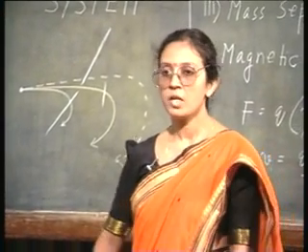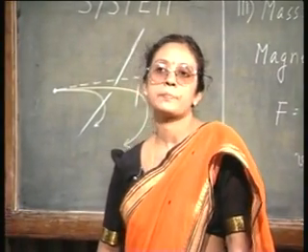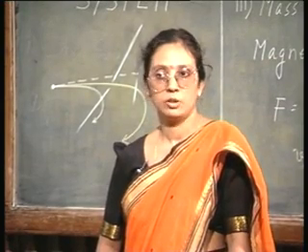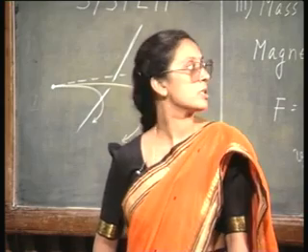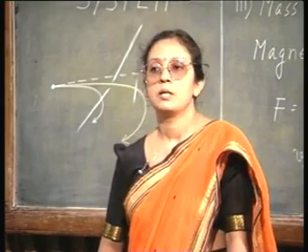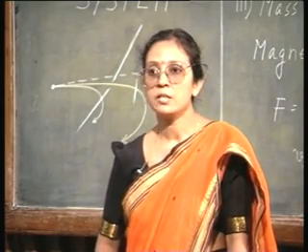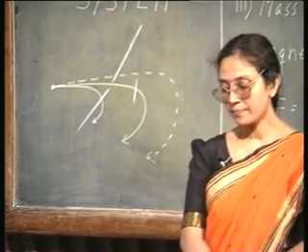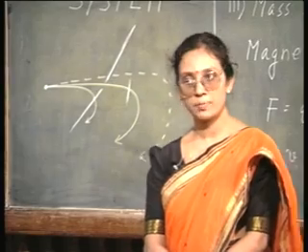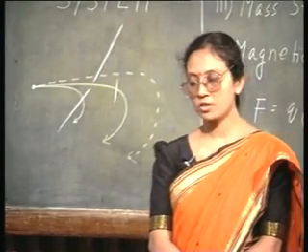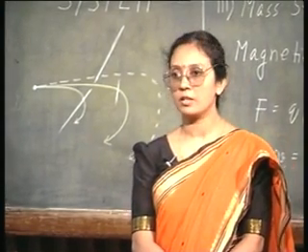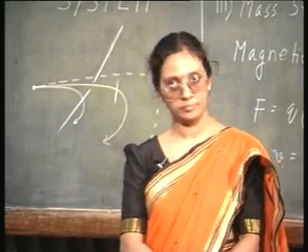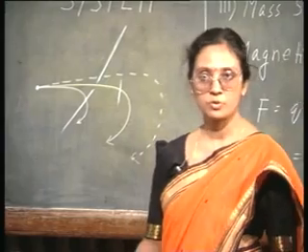If you want even better control on this, then instead of using the simple homogeneous field magnetic analyzer, you can use an electric and magnetic field together in mutually perpendicular directions, which is called the Wien filter, the E cross H filter, that can also be used.